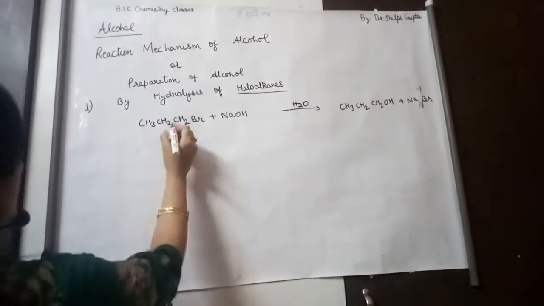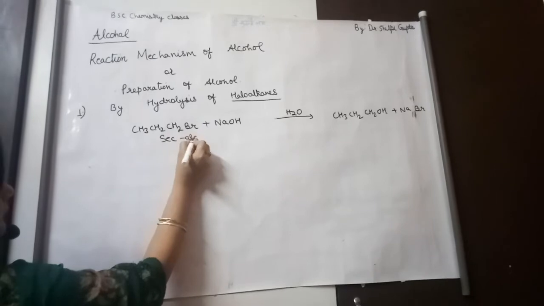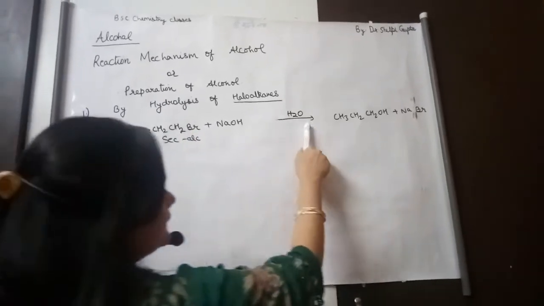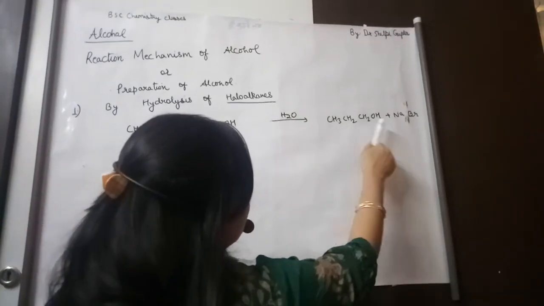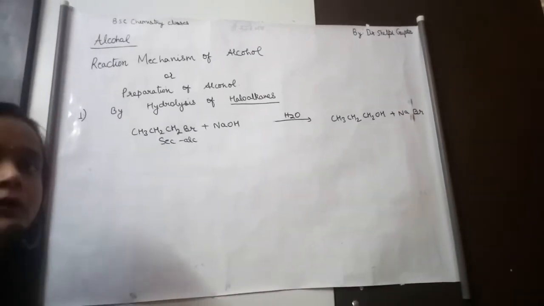Here it will come Br. Okay, haloalkane, secondary alcohol plus sodium hydroxide. When hydrolysis is done, then haloalkanes plus sodium bromide will be formed.